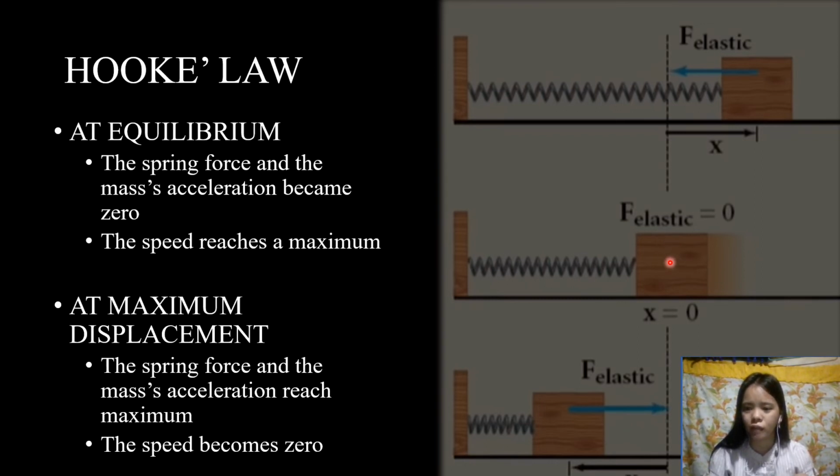Notice here that the speed continuously slows down once it reaches its limit, and it goes back to its maximum value again at the equilibrium.